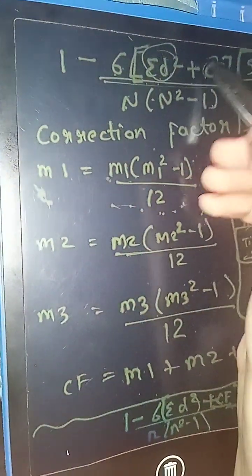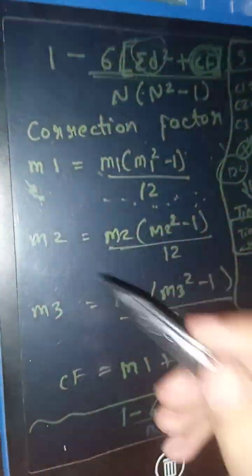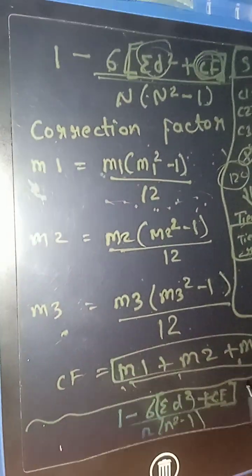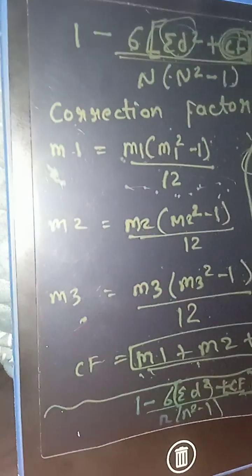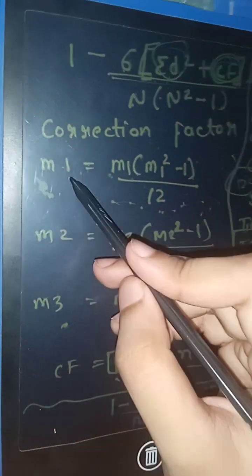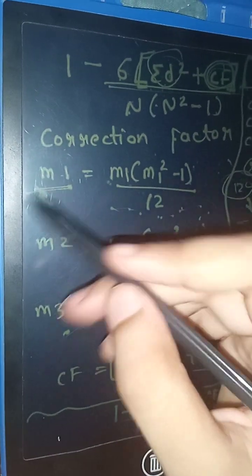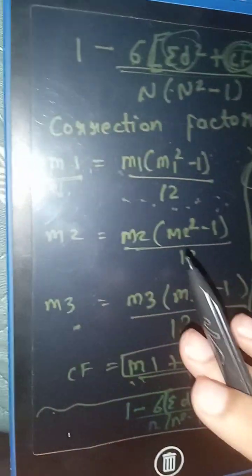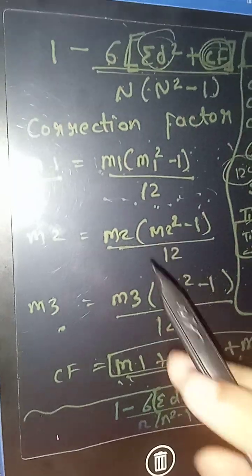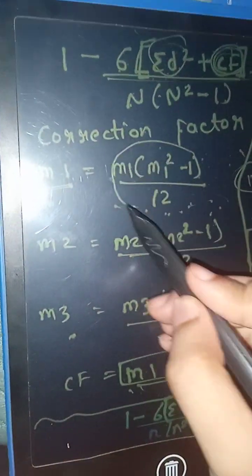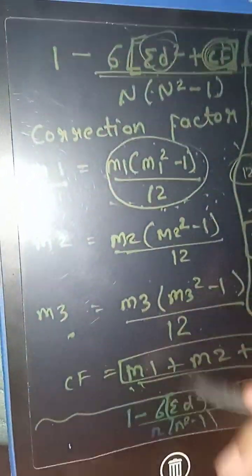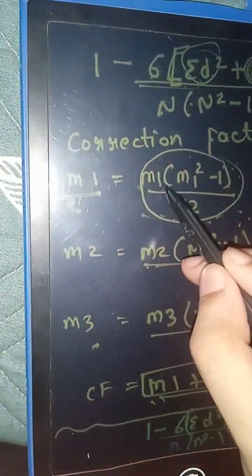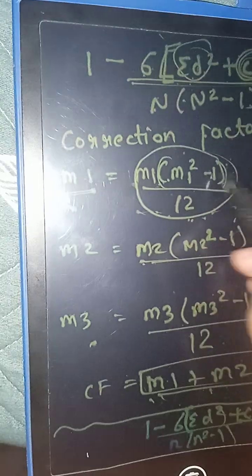Now how will we calculate CF? CF will be equal to the sum of the terms for M1, M2, M3. You will understand what they are when we solve the question, but first just memorize this formula, because it is the same for M2, M3 and n numbers of M. M1 bracket M1 square minus 1 upon 12.